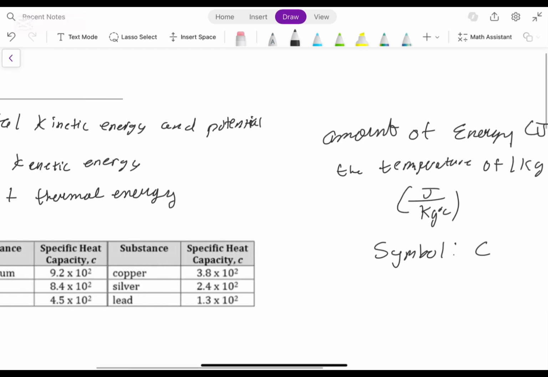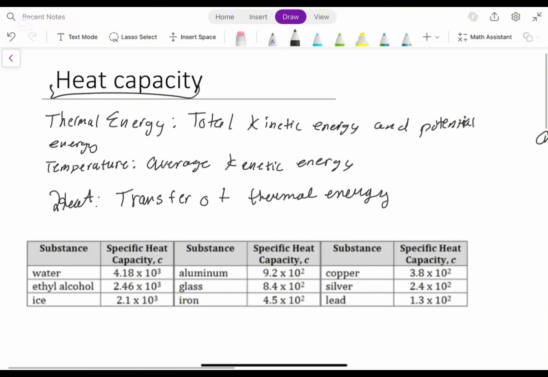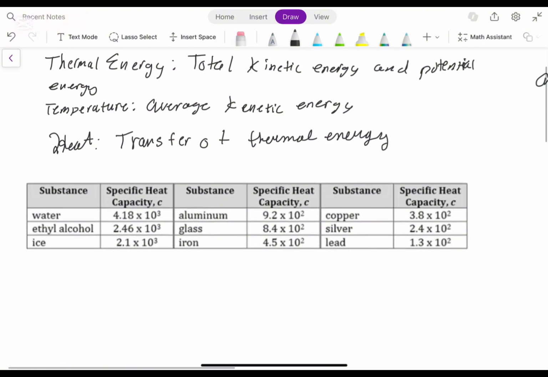Before we go further, let's take a look at this chart here. The use of this chart is it tells us the specific heat capacity needed to heat up an object, how much energy is really needed to change the temperature of something. This is the heat capacity of each object. For water, you'll see that it has a very high heat capacity compared to ethanol or ice.